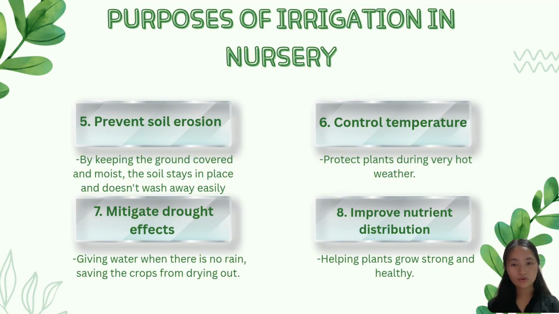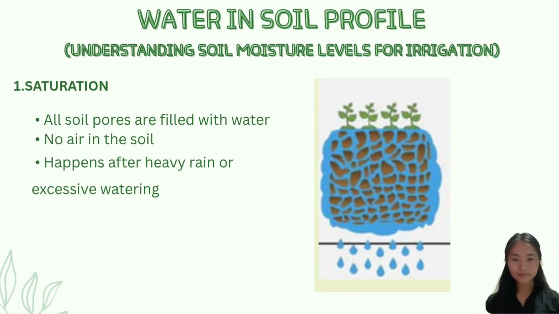Seventh, during drought, irrigation reduces the impact by giving water when there is no rain, saving the crops from drying out. And lastly, irrigation systems can also distribute nutrients evenly when mixed with fertilizer, helping plants grow strong and healthy.